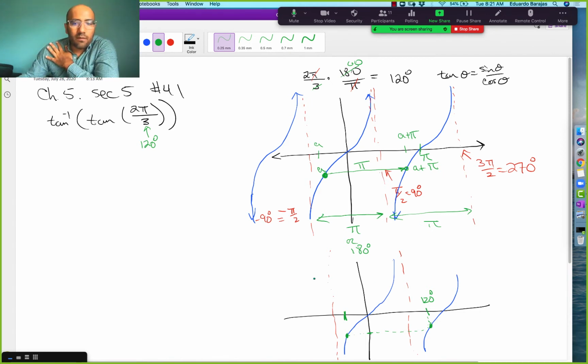Okay, so now let's go to our unit circle description of things and see if we can figure things out a little bit better. So 120 degrees is over here. We need to figure out a one.